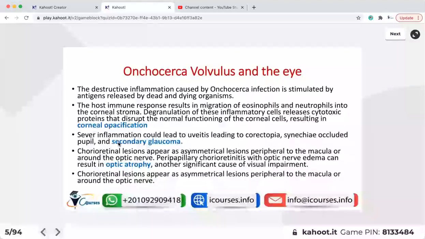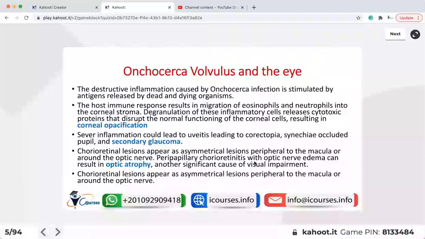On the other hand, the severe inflammation will lead to uveitis, causing synechiae, occluding the pupil, and secondary glaucoma. The fundus is also involved, with chorioretinal lesions that are usually asymmetrical and peripheral to the macula and the optic nerve. So there is no maculopathy here.